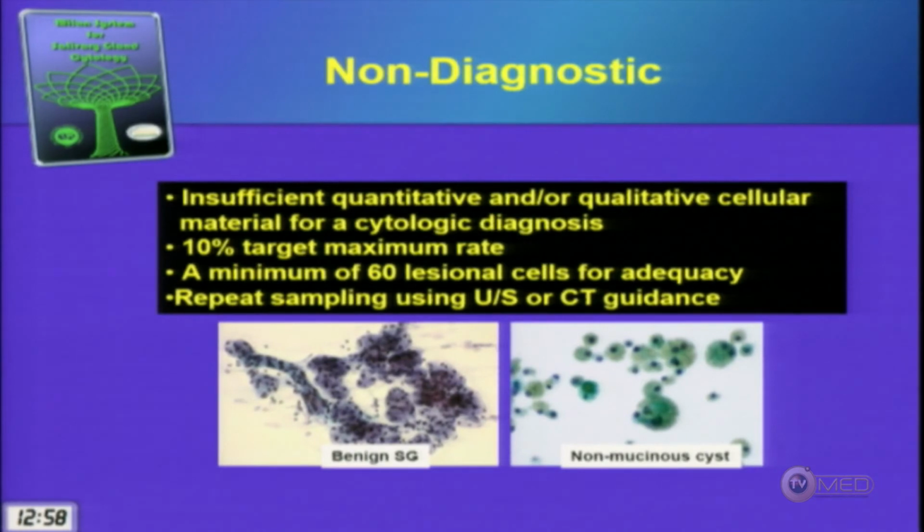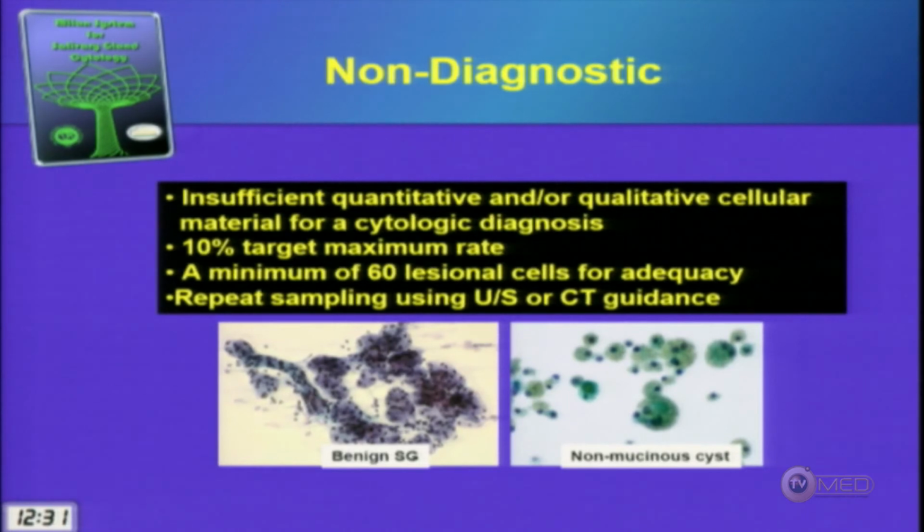And this is going to lead to repeat sampling using ultrasound or CT guidance. Many of these non-diagnostic samples are FNAs where you only get benign, non-neoplastic salivary gland tissue in the presence of some kind of mass lesion. And so the presence of only benign non-neoplastic salivary gland tissue does not explain the mass lesion, and we would classify those as non-diagnostic.